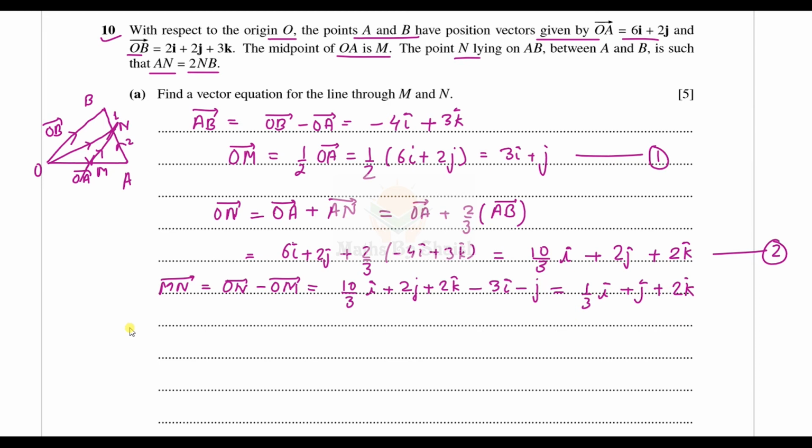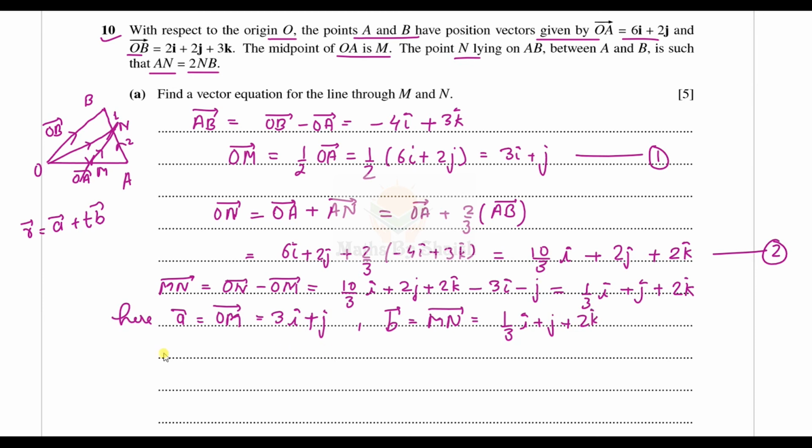We know that the equation of a line in vector form is r equal to vector a plus t times vector b. So here a we can take as OM vector, the position vector of M. We could have taken ON also, but ON is a little bit bigger, so I'll take this only. In both cases we'll get the same answer, we can take any point on the line, and that is M. So 3i cap plus j cap, and b vector is the direction vector, that is MN vector, which is 1/3 i cap plus j cap plus 2k cap.